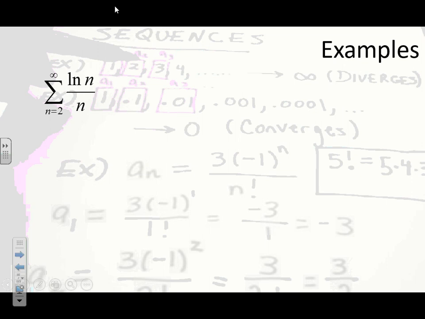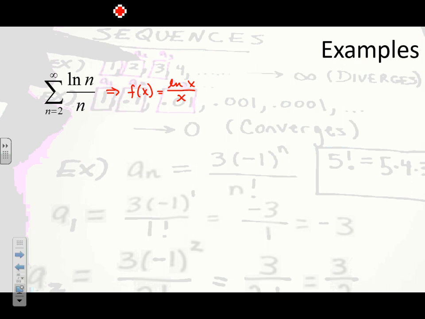So if we take a look at this one, first step's going to be convert to function notation. So f of x is going to equal natural log of x over x.